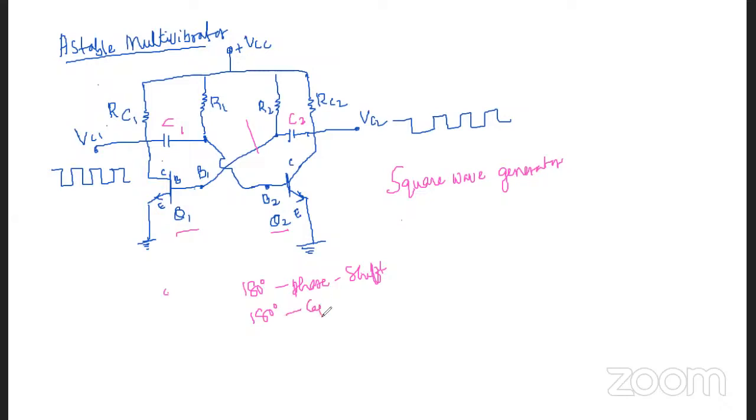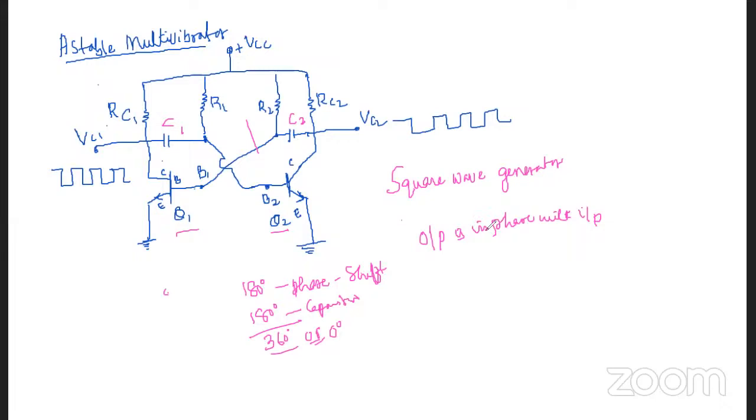So a total of 360 degrees of phase shift, or we can say 0 degrees, so the output is in phase with the input here. And the amplifier will produce these oscillations here, right?